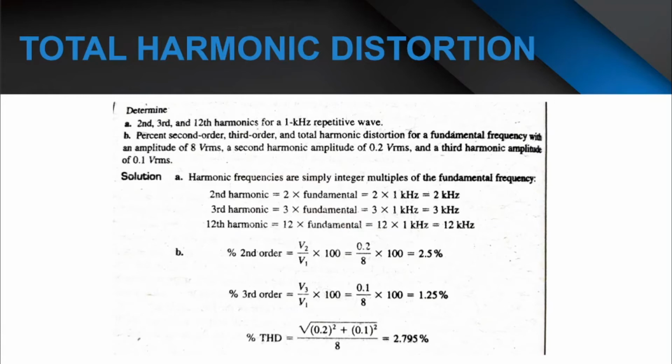And for the percent THD, or the percent total harmonic distortion, we use the formula. So we use the square root of 0.2 squared plus 0.1 squared over 8, and that will be equal to 2.795%.